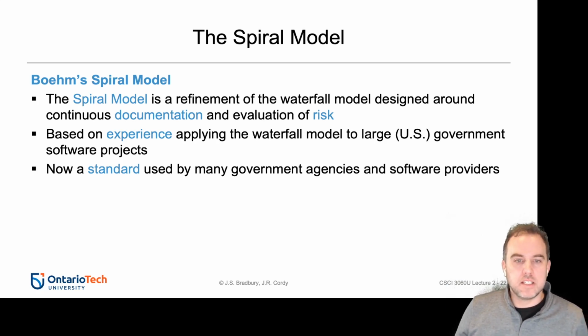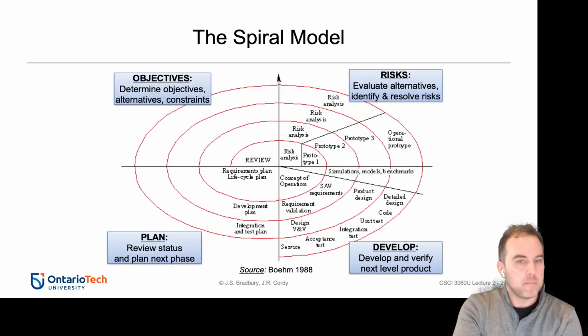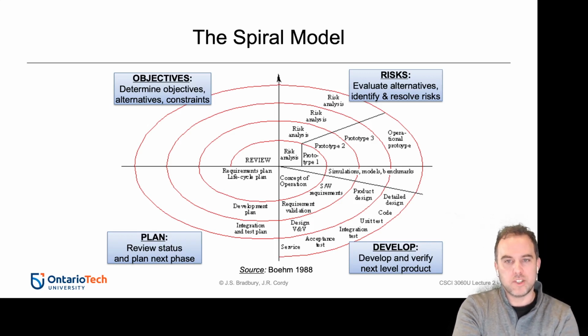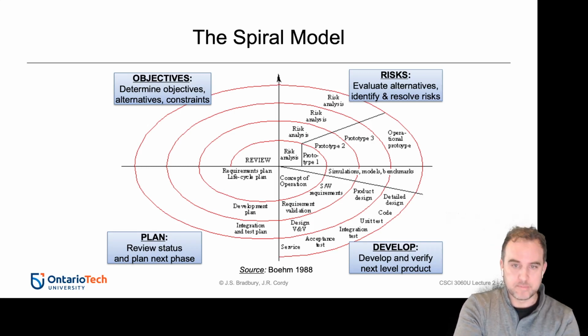The idea is that every loop around this spiral, from the inside out, you can think of as a phase of development. The inside one is about requirements and the outside one is about testing.